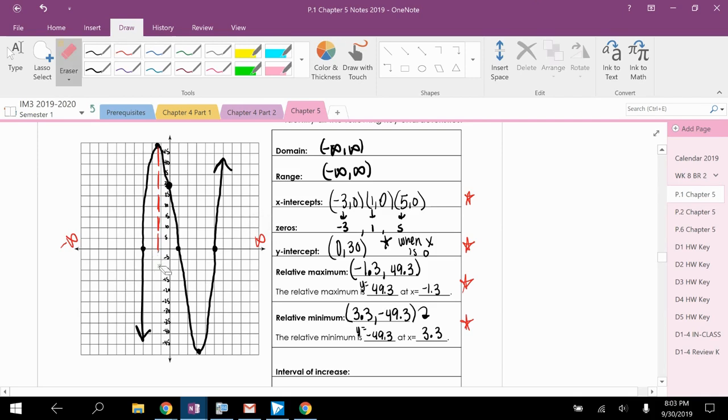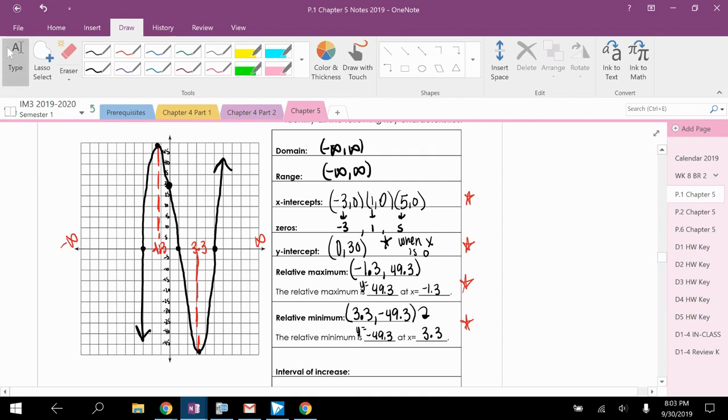So I'm going to write that in for myself. So negative 1.3 is where the x value is of my relative max. And I'm going to draw in my 3.3 here, somewhere around there. So 3.3, that's going to help me with my interval of increase and decrease.